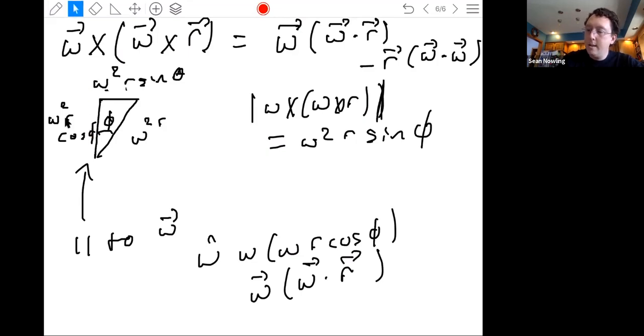And then I have to write this one as a vector. Well, clearly it's along the radial vector. So I can write it in terms of, oh dear.